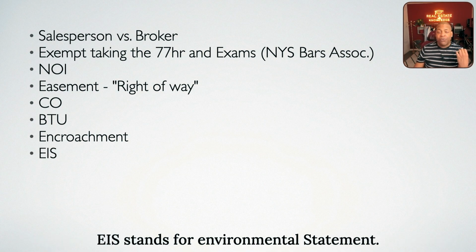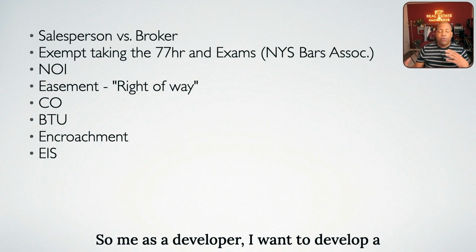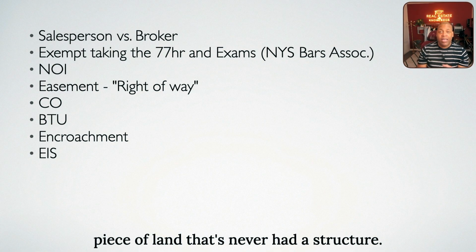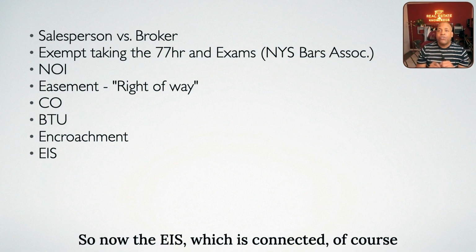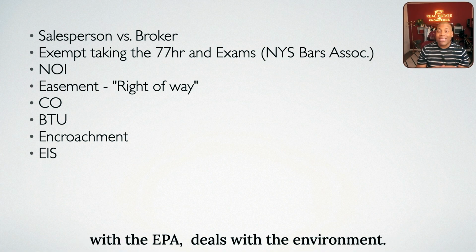EIS stands for Environmental Impact Statement. Me as a developer, I want to develop a piece of land that's never had a structure. The EIS, which is connected, of course, with the EPA, deals with the environment.